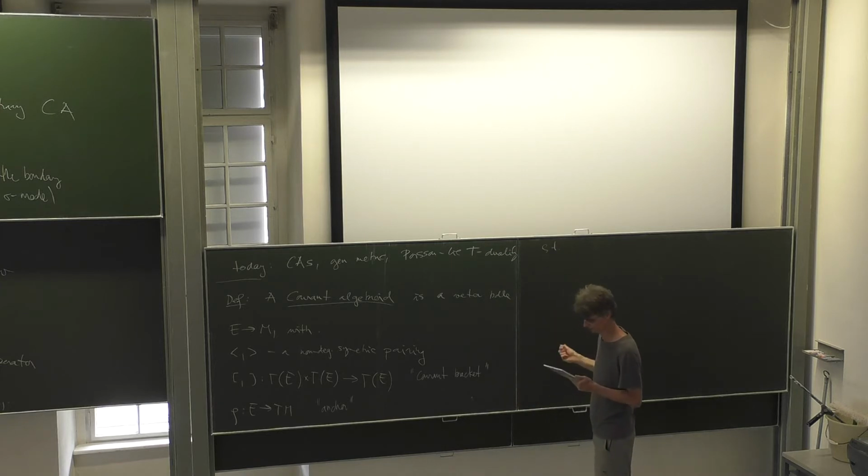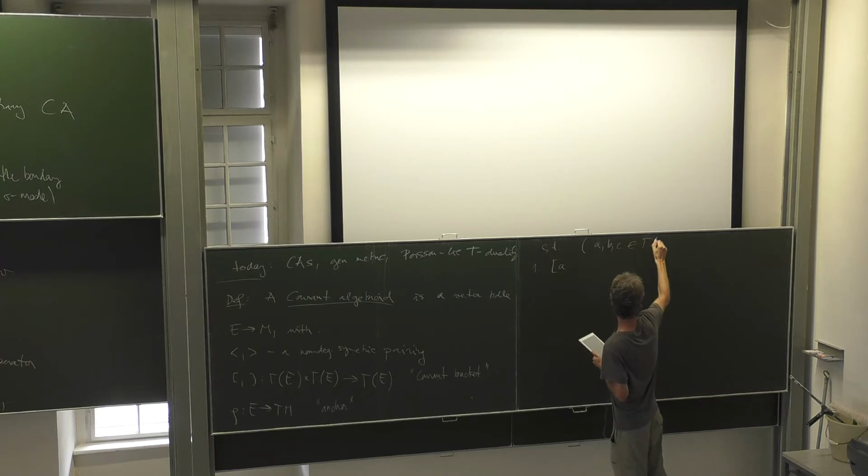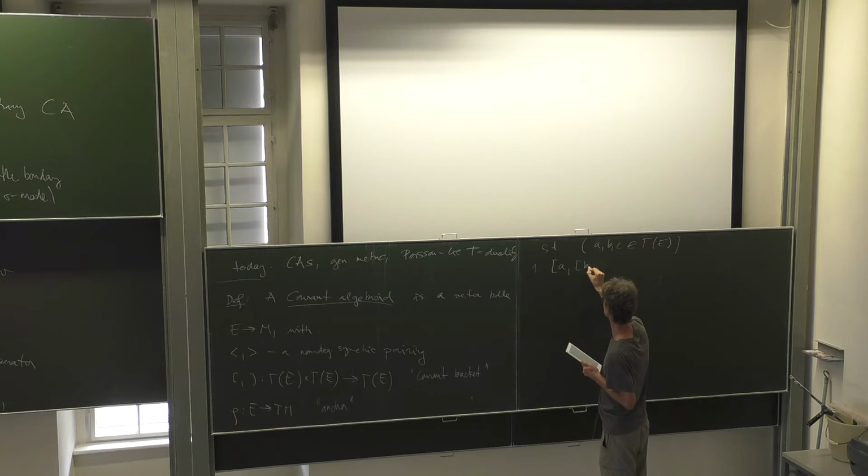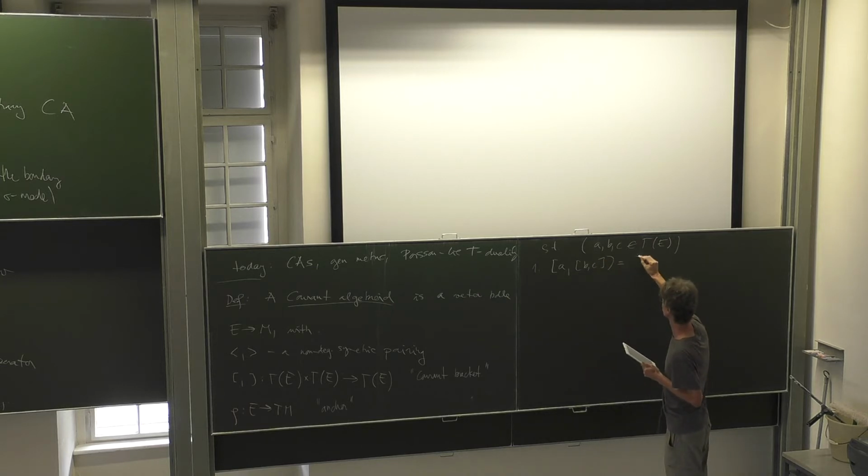And there is some list of axioms that don't look so bad. So if you have three sections, let's say A, B, C are sections of E, then the bracket satisfies some sort of Jacobi identity.